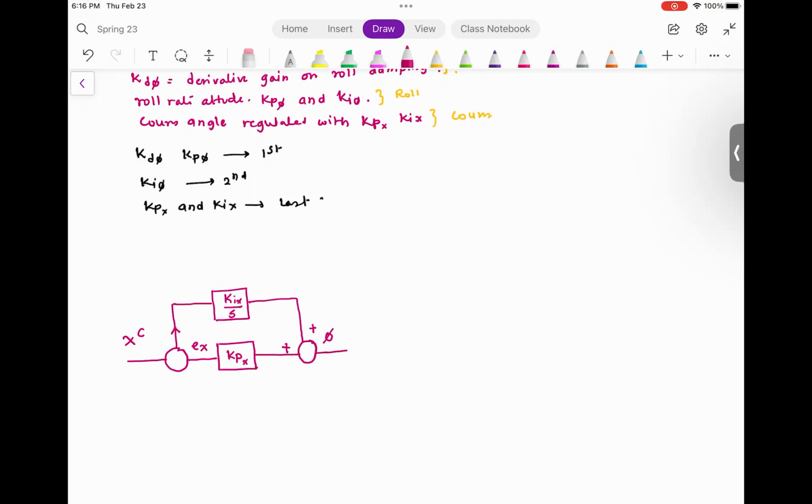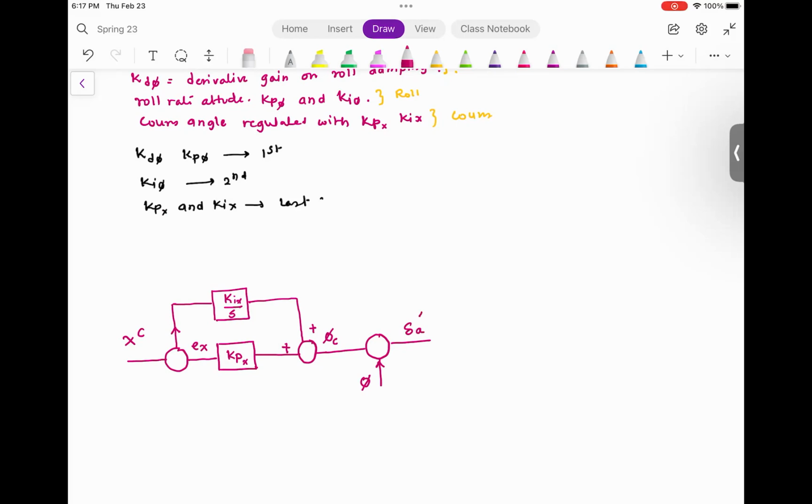This is the commanded roll, phi C, that gets fed to the next summing junction. At this summing junction, you have the actual roll coming in, and that is going to get fed into the aileron output.